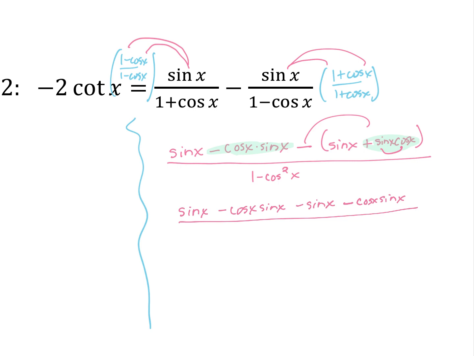Sine squared x, right? Good. Okay. All right, so what do we notice happens in the numerator? Those two add to 0. But these two combine to give us a negative 2 times cosine x times sine x all over sine squared x. Now what?